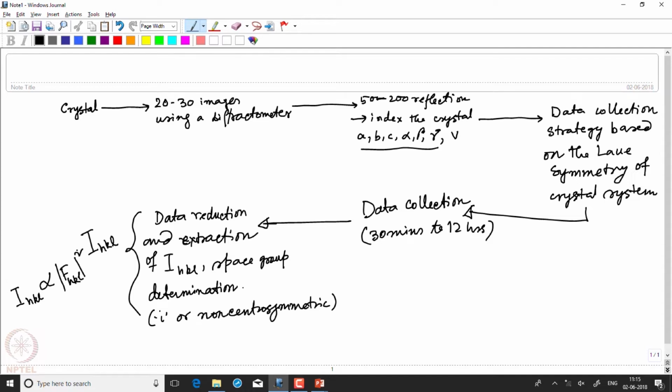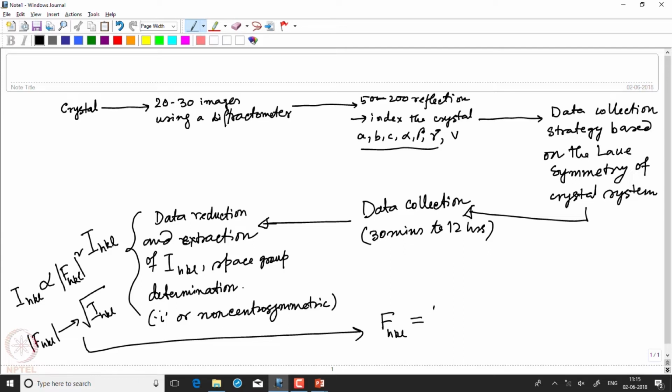So this intensity can be converted to the structure factor amplitude, that is |F(hkl)|, by taking a square root of I(hkl). But in that process, what is missing is the information which is there in F. The F(hkl) is a combination of mod of F(hkl), that is the amplitude of the structure factor, and the phase information.